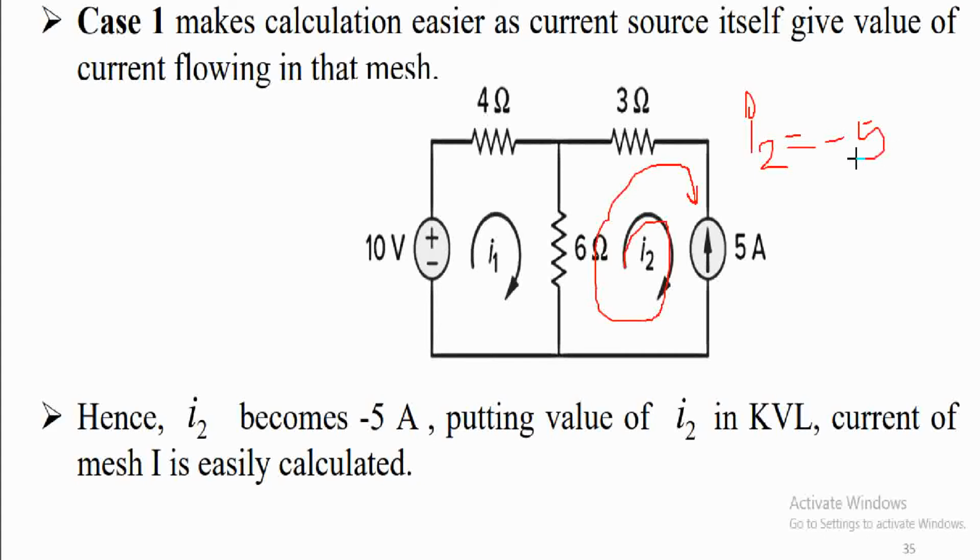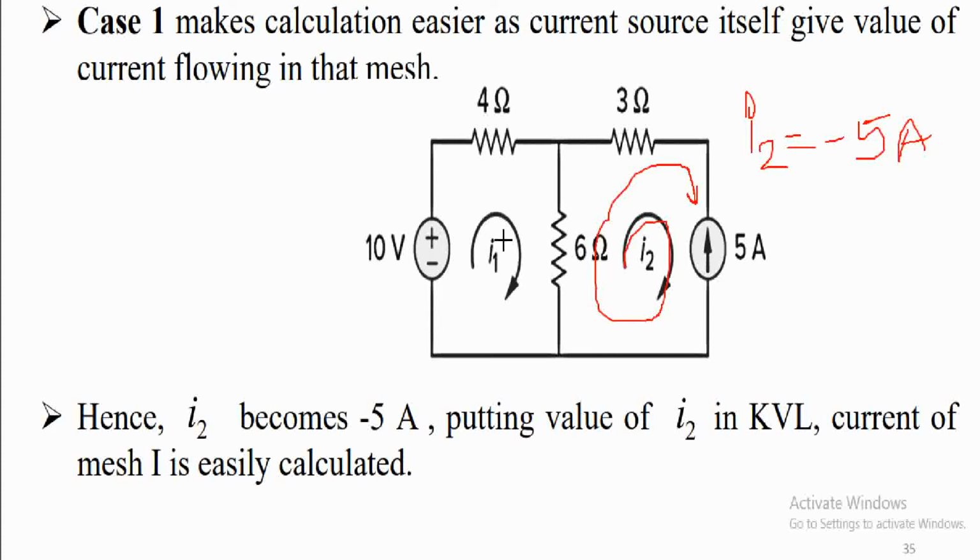We need not find I2 by applying KVL. The current source itself gives the value of the mesh current. So I2 we got as 5 amps in magnitude. That is the feasibility of having a current source in a mesh.